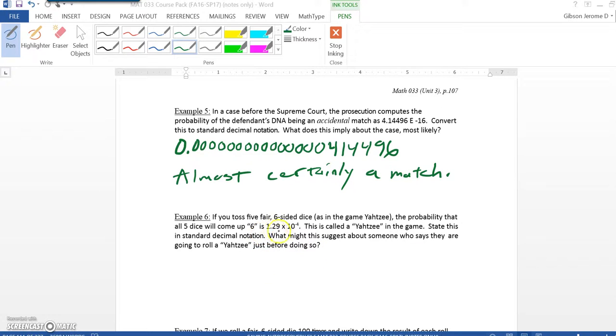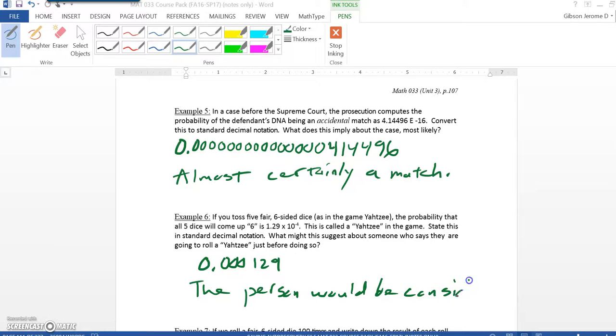Okay, so we know that times 10 to the negative 4 means this decimal goes to the left 4 places. So it'll be 0.000129. Now, if the person says they're going to roll a Yahtzee, that would mean the person would be considered lucky.